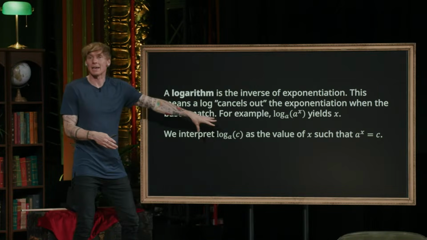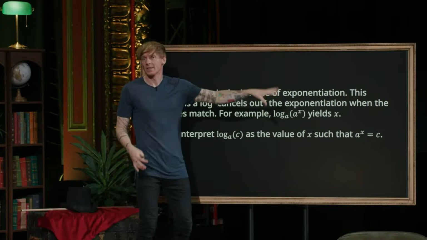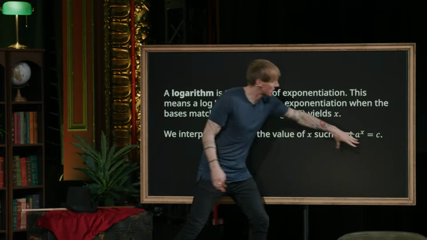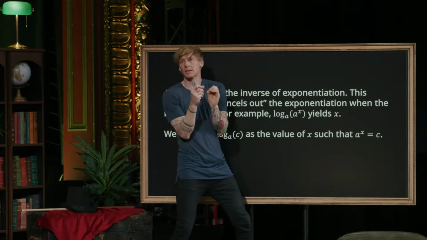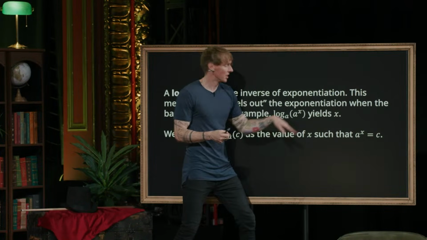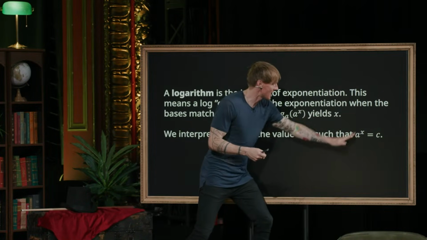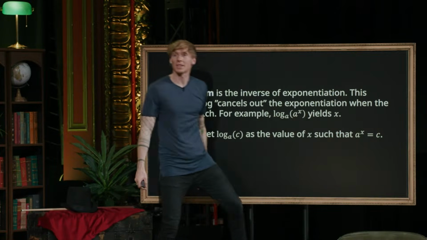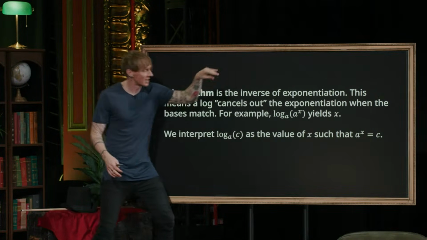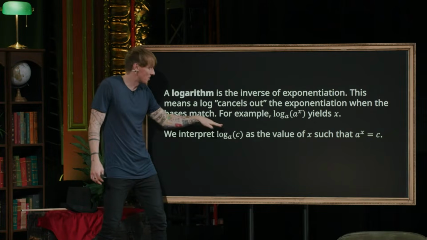So the logarithm here is going to help us figure out the answer to that equation, how to solve that equation. And what you can think of doing here is taking the logarithm base a of both sides of that equation. So we take log a of both sides, the a's cancel out over here to leave you with x, and then our solution to that, our value of x satisfying that equation, is going to be log to the base a of c.